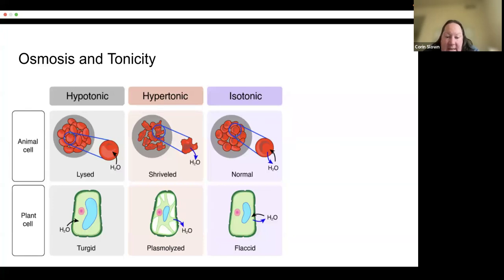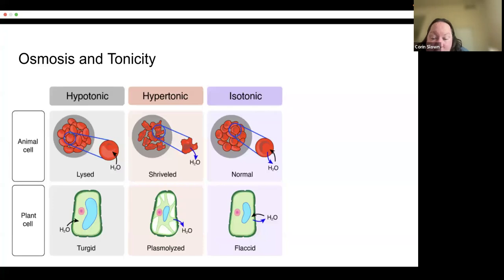Now, in a plant cell, we would say that that's plasmolyzed, but again, it's the movement of water out of the cell.